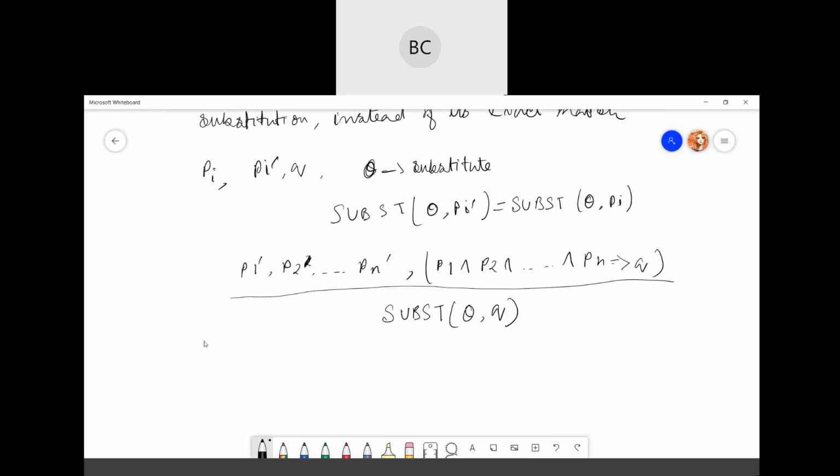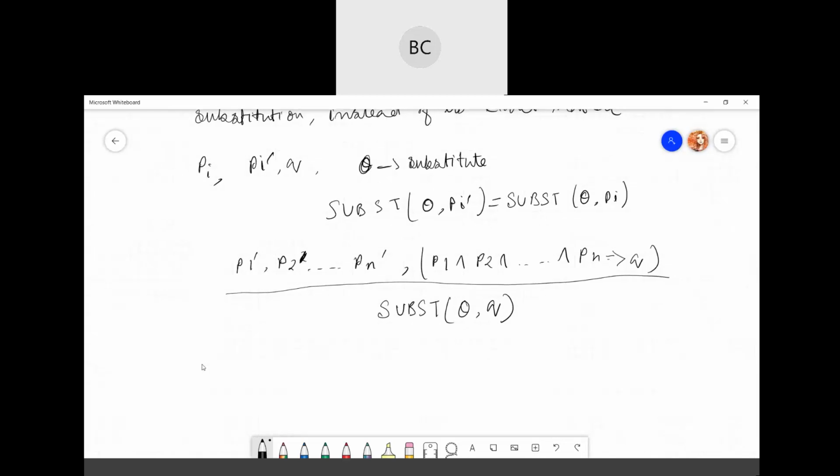One example: for all kings who are greedy, they are evil. We can find some x such that x is a king and x is greedy.